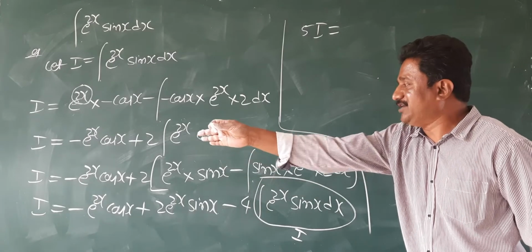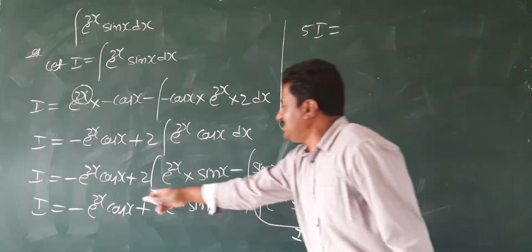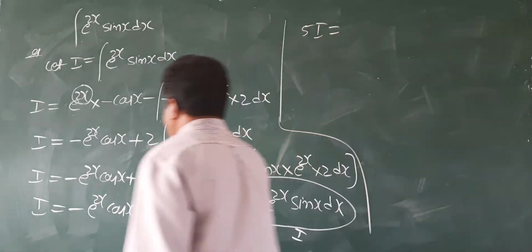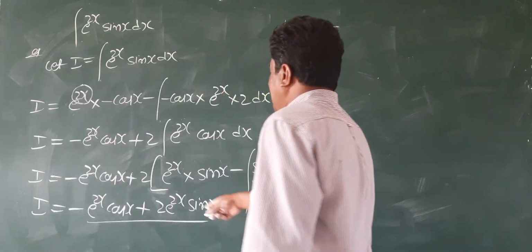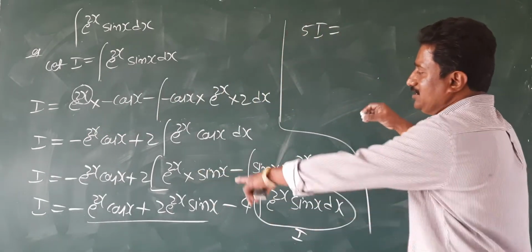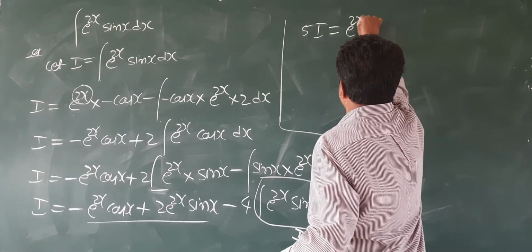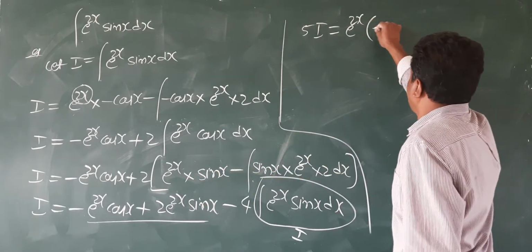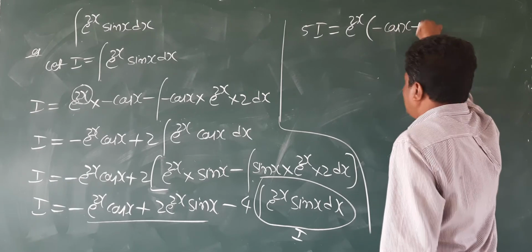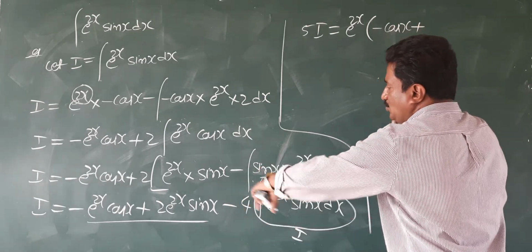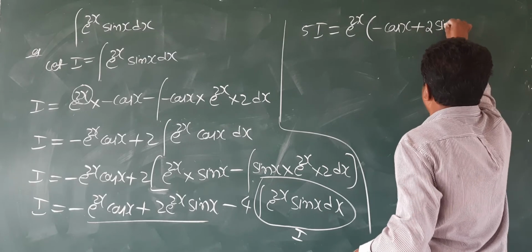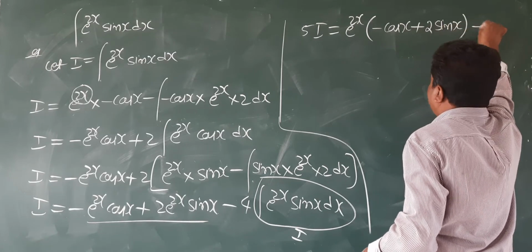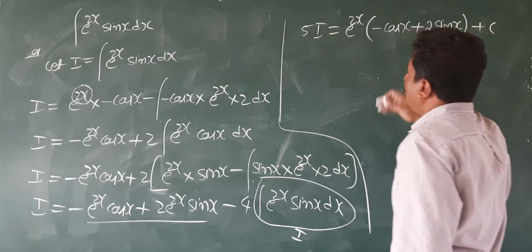So bring that to the left side: 5I. What is common in these two terms, students? E power 2x is common from the first two terms. The remaining is minus cos x plus 2 sin x, plus c. Bring that 5 down.